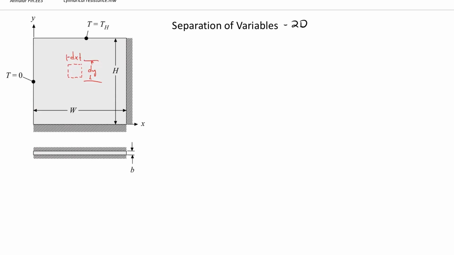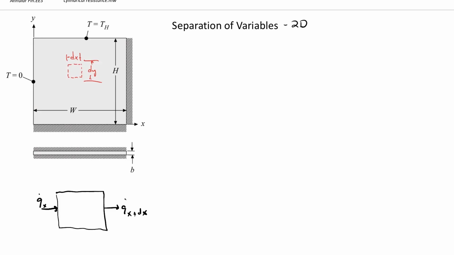And then we have to now look at all the heat flows going in and out of this differential control volume. So let me kind of redraw this down here. So we have a little bit more room. Okay, so this is our control volume. So coming in from the x equals 0 side, we have q dot at x. Leaving, we have q dot at x plus dx.